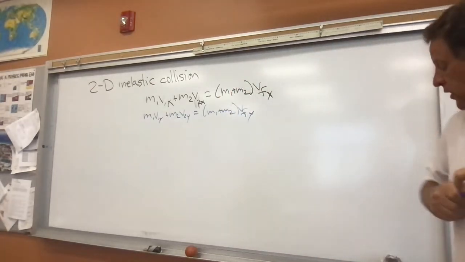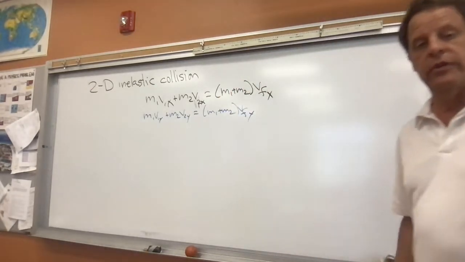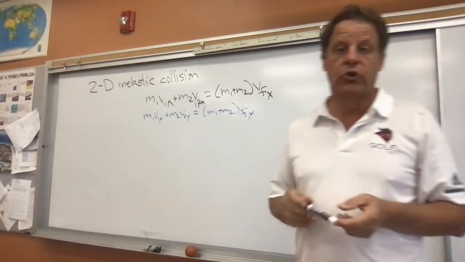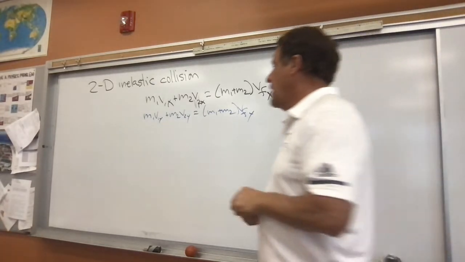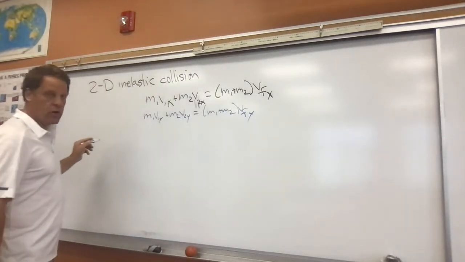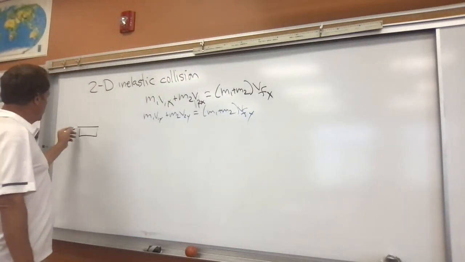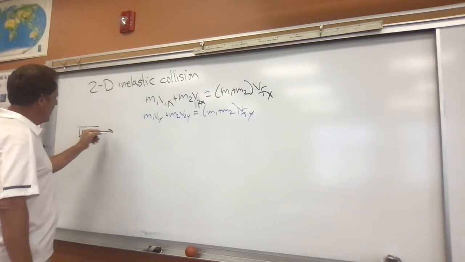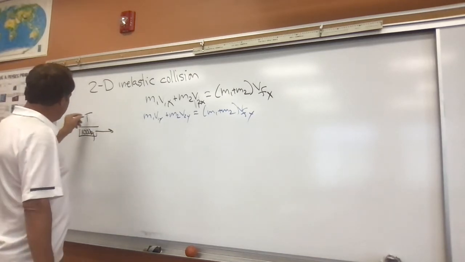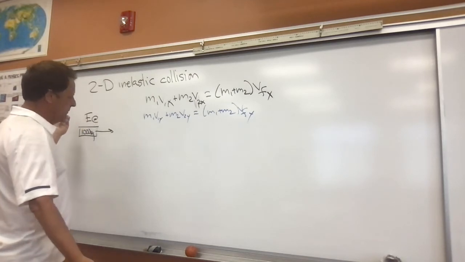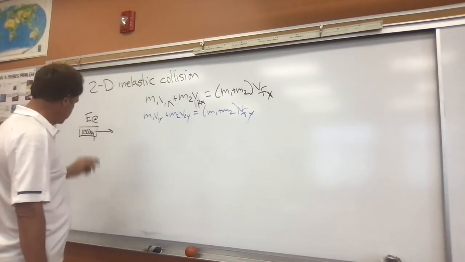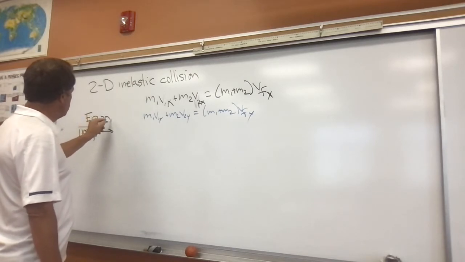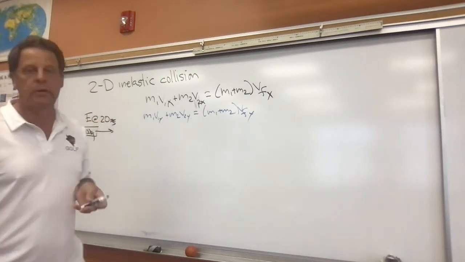All right, so for our example, in this case, we're going to have two cars crash. We're going to have our first car over here, and we're going to say that this is 1,000 kilograms, and it is going to the east at, let's say, 20 meters per second.